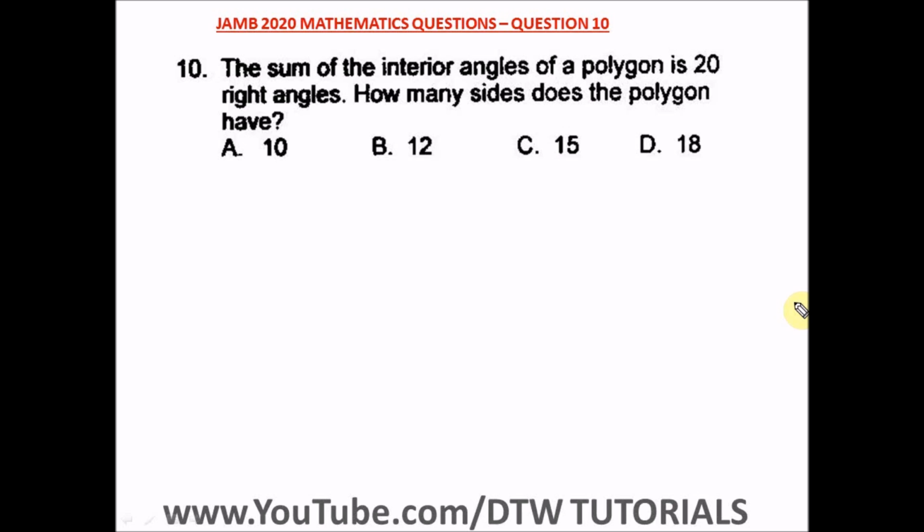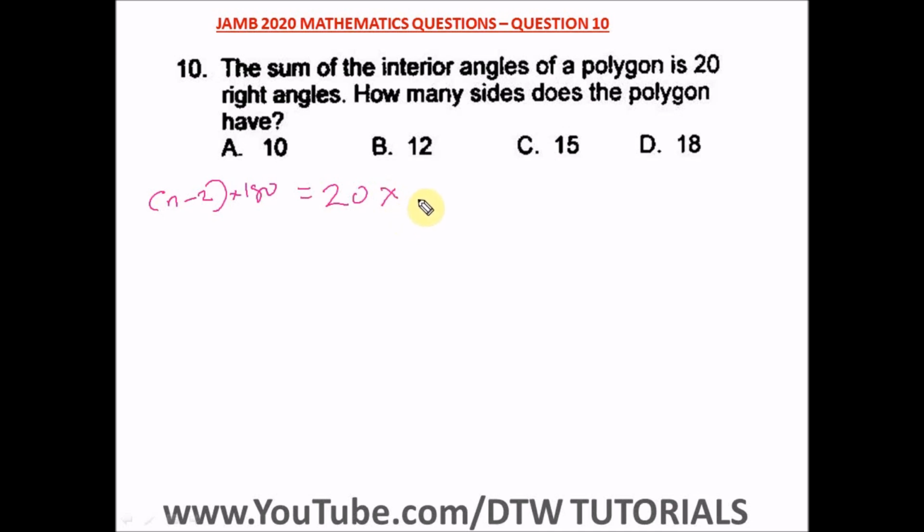So if you recall, the formula for the sum of interior angles of any polygon is n minus 2 times 180. So this is the sum of interior angles of a polygon, and we're told that this sum is equal to 20 right angles.